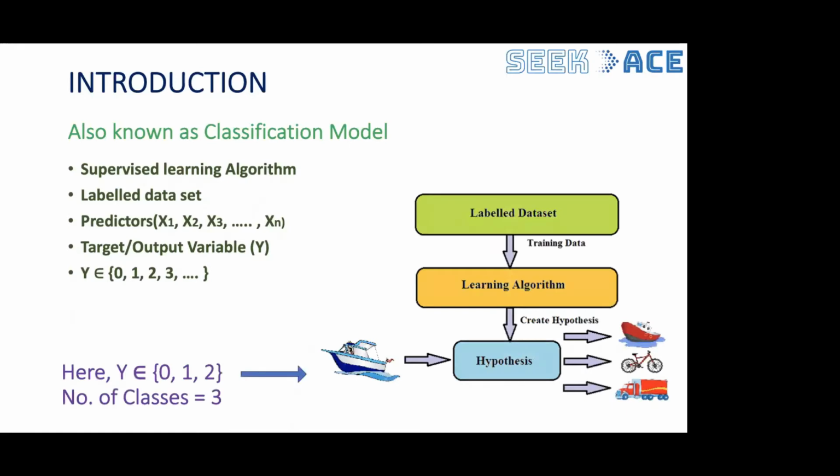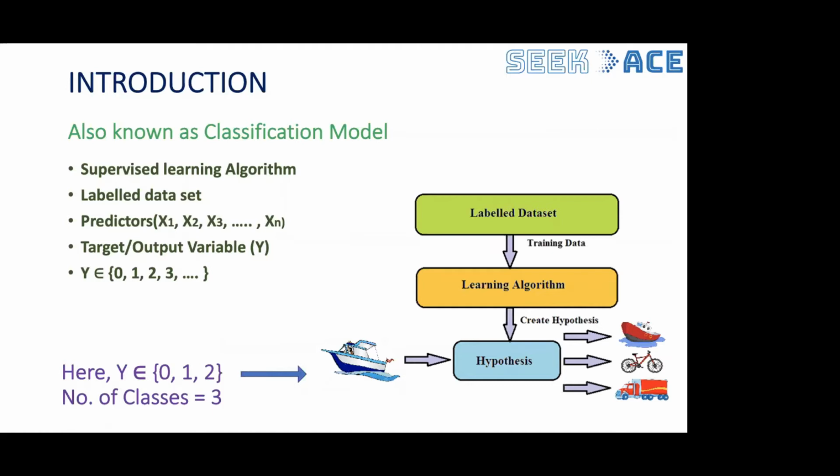So here we have a labeled data set. This is a cartoon from our last presentation. Some of the data we are going to use as training, and then we have a learning algorithm, either logistic, linear, CNN, SVM, gradient descent, random forest, or any other.